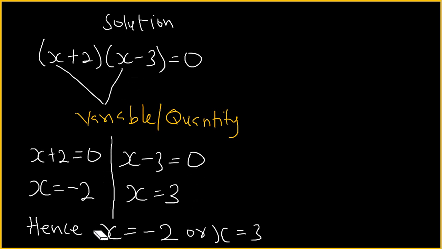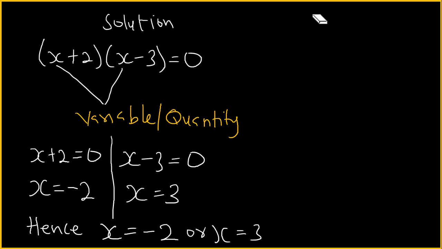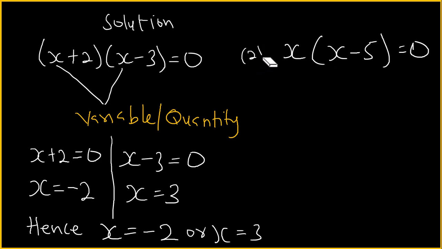The next question, x multiplying the bracket x minus 5 equals 0. Our second question. Similar to what we already did in the first question, if the factors are already grouped, just create a thin line and separate them.